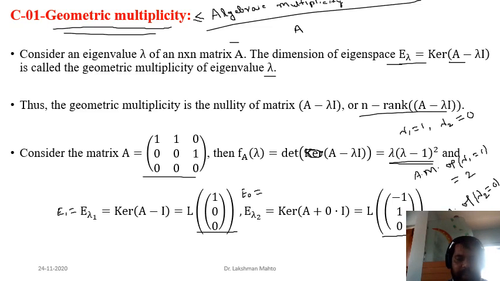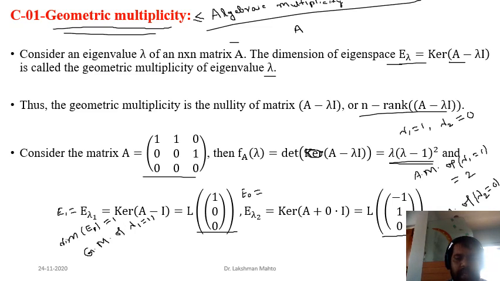So what is the dimension of E1? Dimension of E1 is 1, because it has only one basis element. So that's why the dimension of E1 is equal to 1. We can say that the geometric multiplicity, in short g.m., of eigenvalue lambda 1 equal to 1 is the dimension of eigenspace E1.